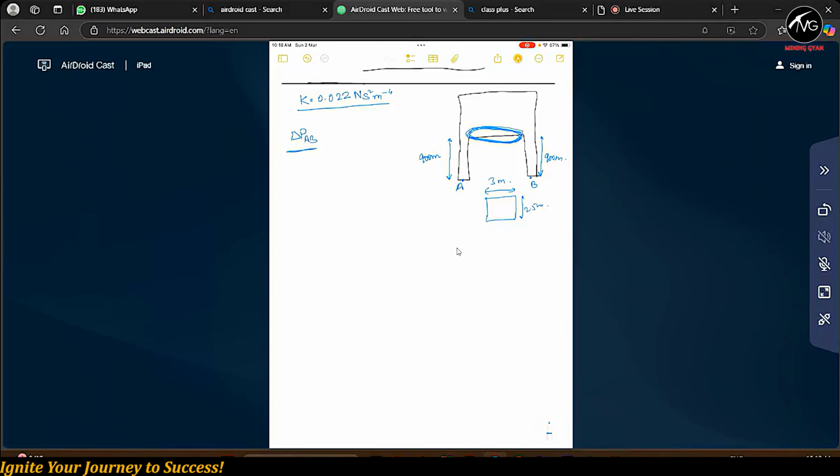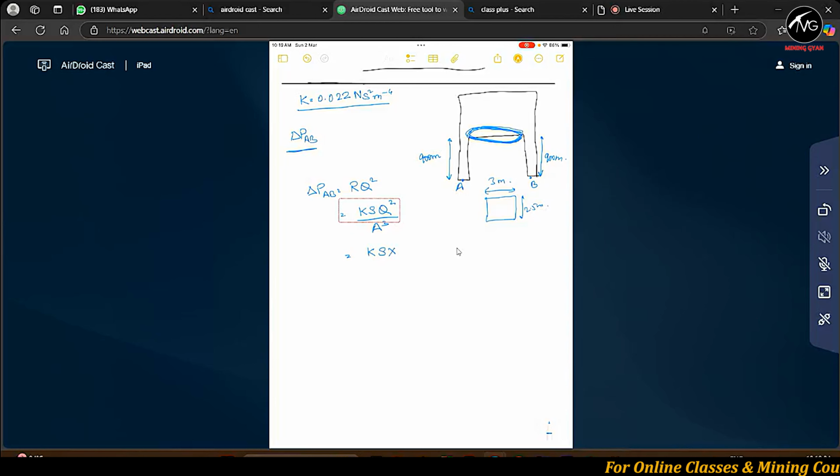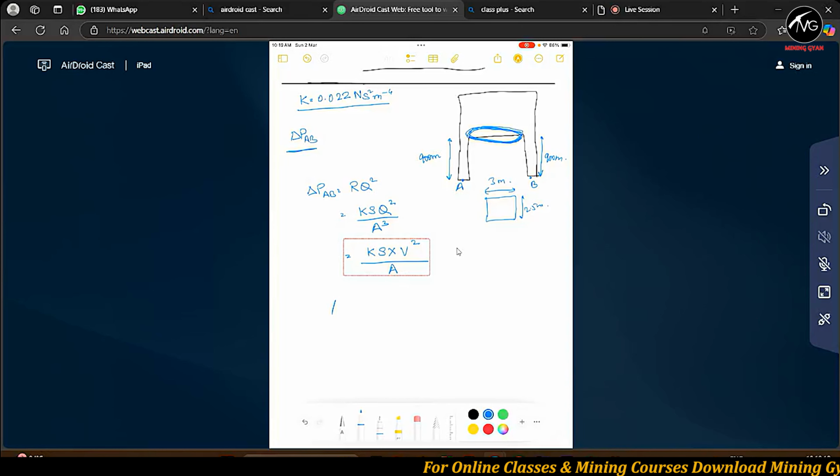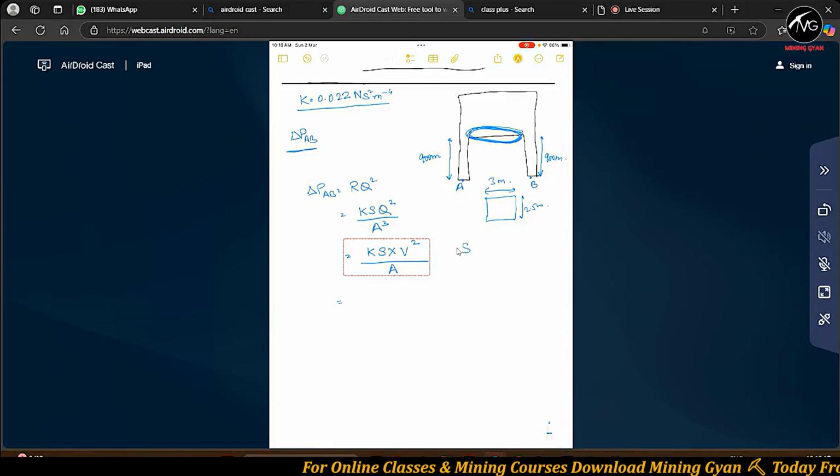We will simply apply the formula delta P of AB is equal to... Now S is the total length of this.